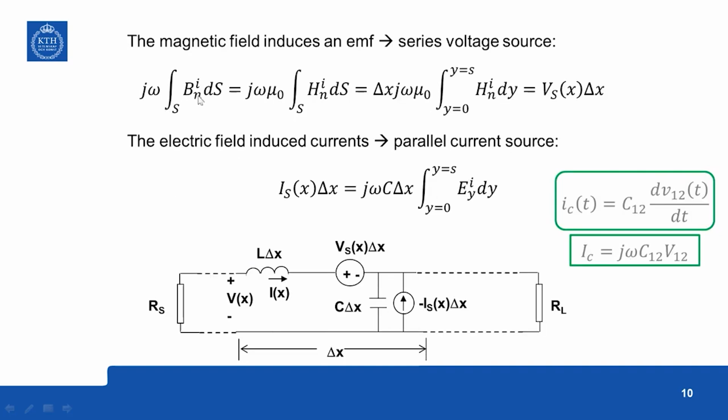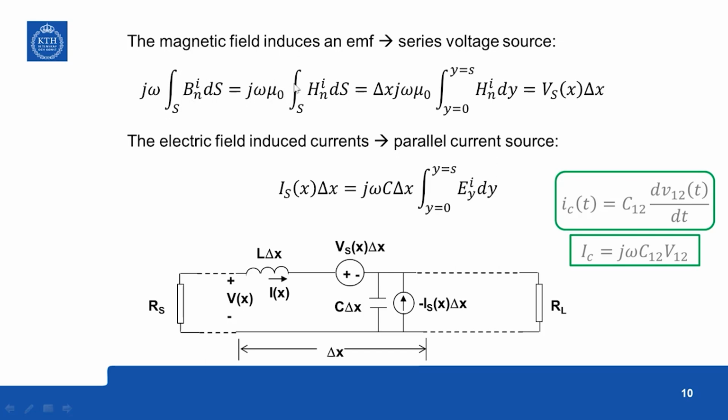Bn is the incident flux density, and integrating over that small surface area, you can get it as delta x into small s if H is uniform across, but otherwise we can explicitly write it as an integral form.